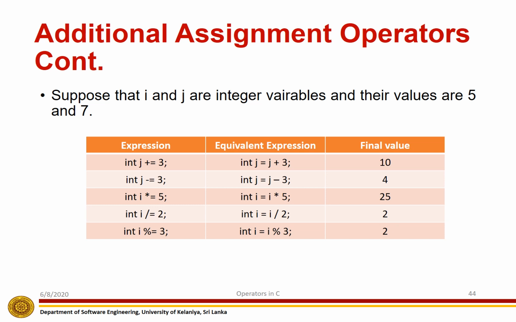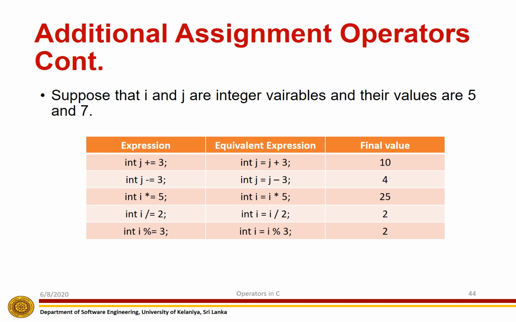Then the fourth one is i /= 2, it means i = i / 2, so the i is 5, 5 is an integer, 5 divided by 2, it means 2 as an integer value, so it can be assigned to i, the final value is 2.